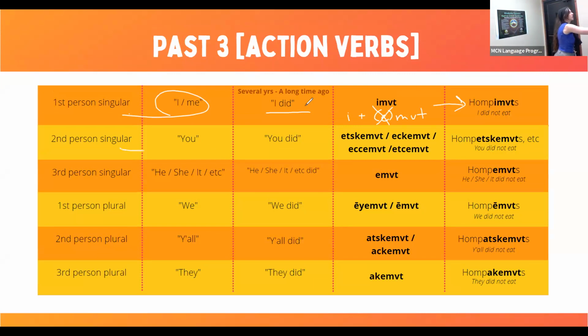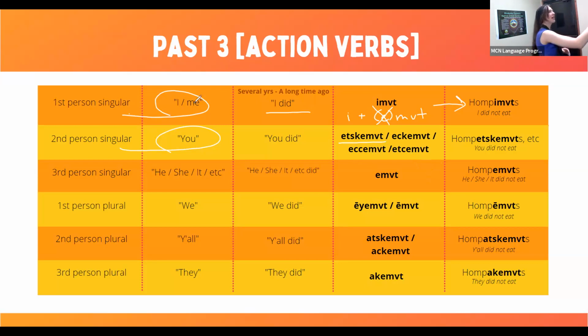Second person singular, aka you. So you did something a long time ago. It's mut, right? We don't want two E's. We don't go, it's E mut, right? Because this is only there if we need it. So we don't need it. It's mut. I'm going to erase that just so we have room for the one underneath.